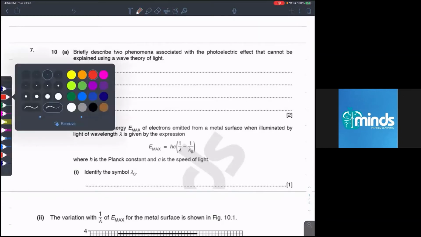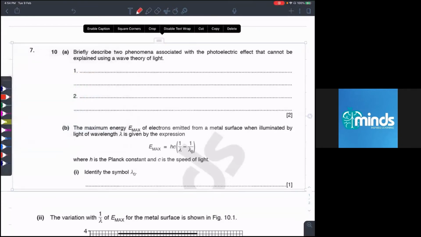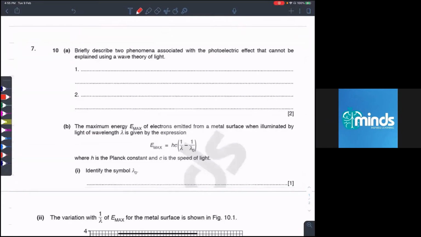What the question says: briefly describe two phenomena associated with the photoelectric effect that cannot be explained using the wave theory of light. Now, those two phenomena could be the concept of threshold frequency, the minimum frequency below which the photoelectric effect will never occur.